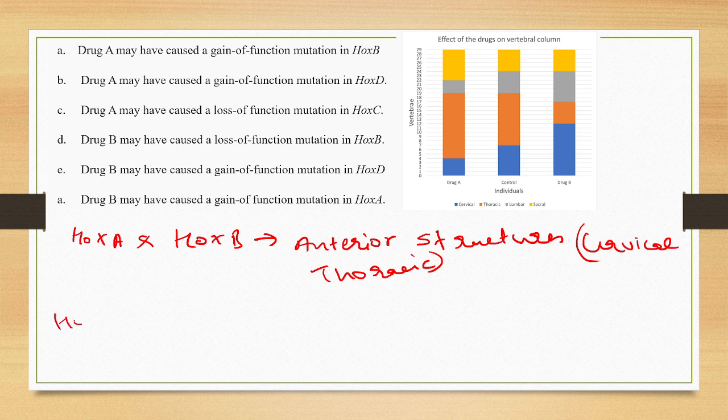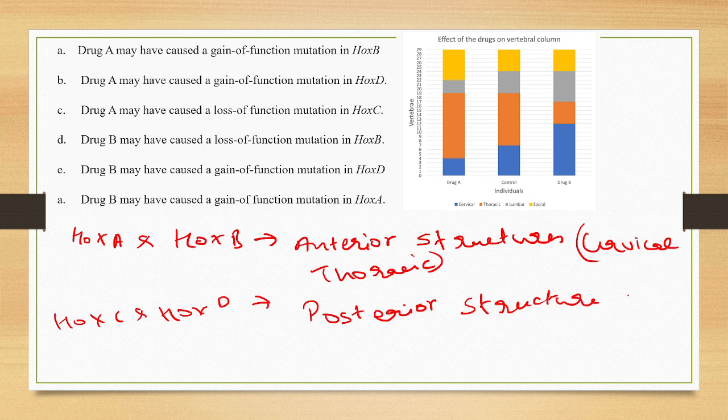Your HOX C and HOX D. They are involved for the patterning of your posterior structure, which is your lumbar and sacral. Okay, so this is important. If you know this, you can solve the question.